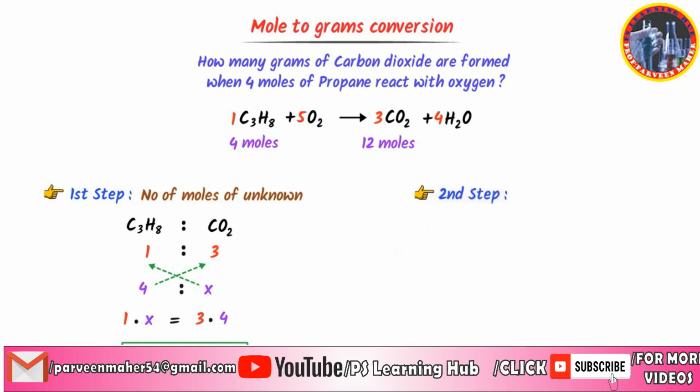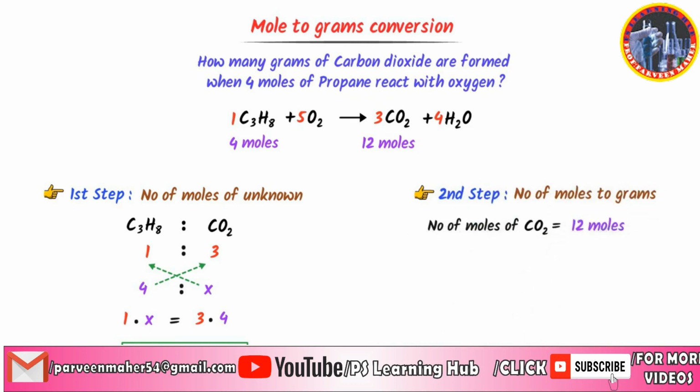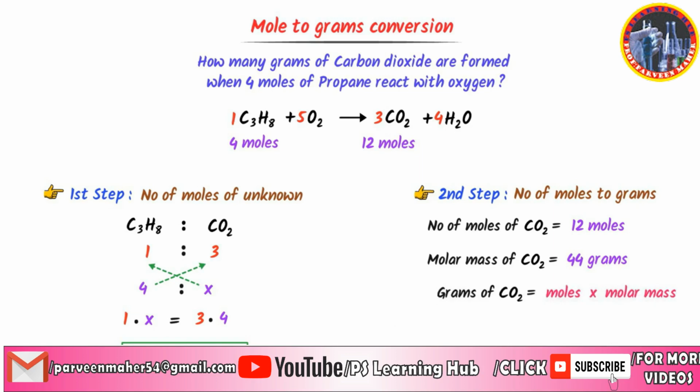In the second step, I just convert the number of moles to grams. The number of moles of carbon dioxide is 12 moles, which we calculated. Now the molar mass of carbon dioxide is 44 gram. To convert the number of moles of carbon dioxide to grams, I use this formula: number of moles into molar mass.